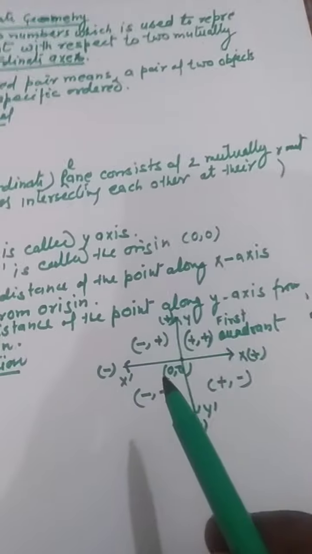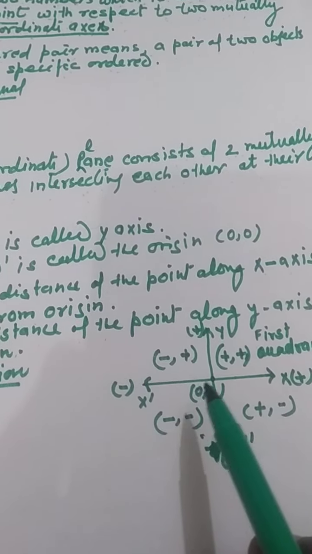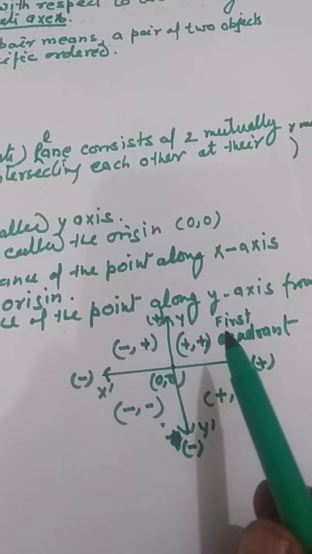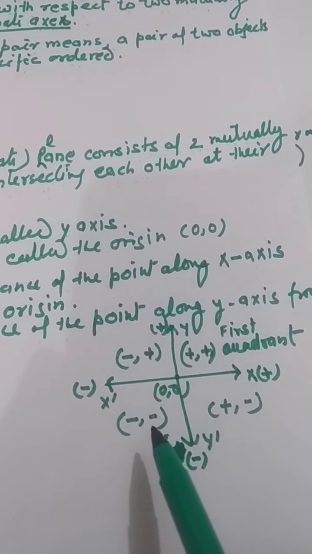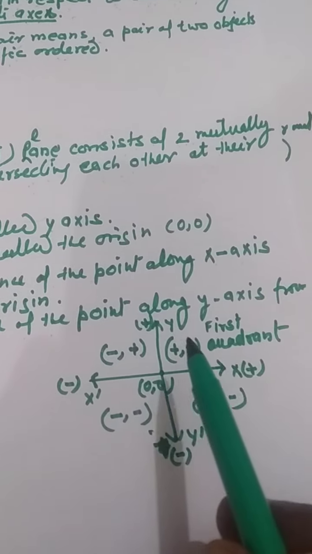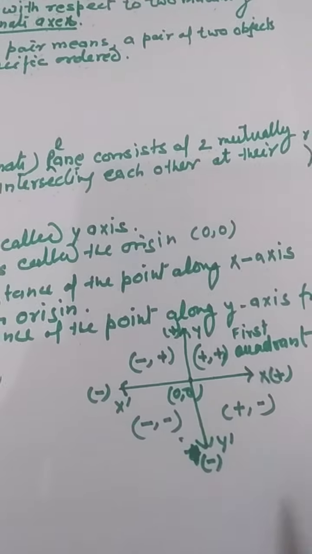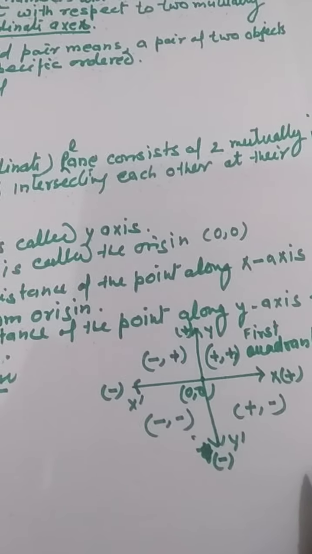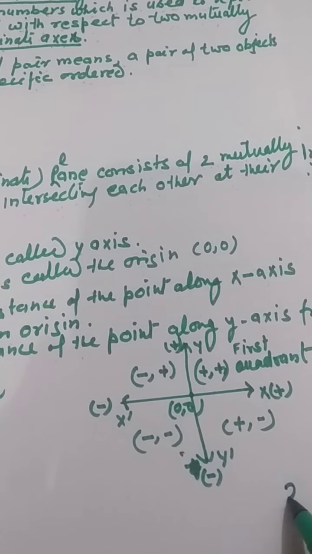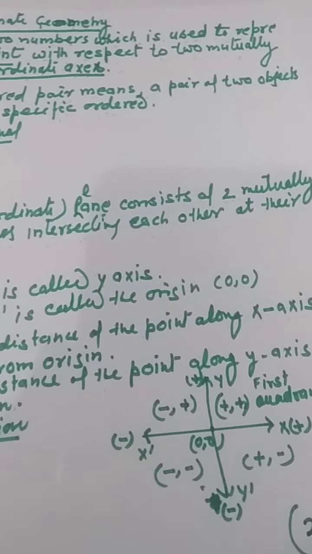Quadrant and sign convention I have explained to you already. So there are 4. See here, first quadrant, second quadrant, third quadrant and fourth quadrant. Their signs will be decided by this. And always, if we have written the coordinate 2, 3.